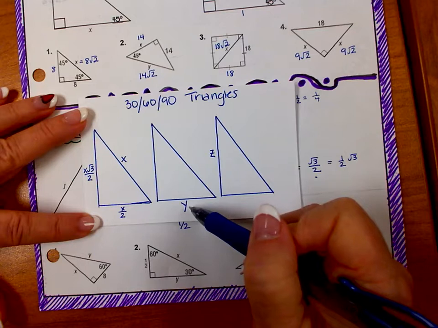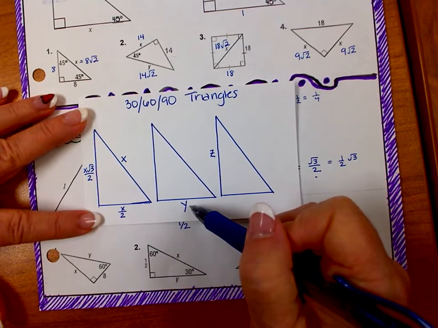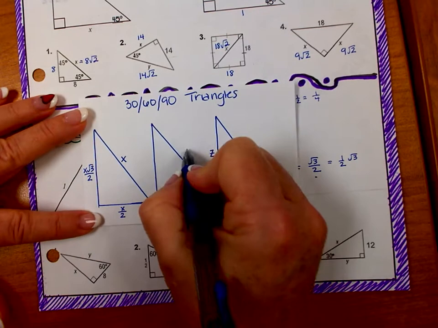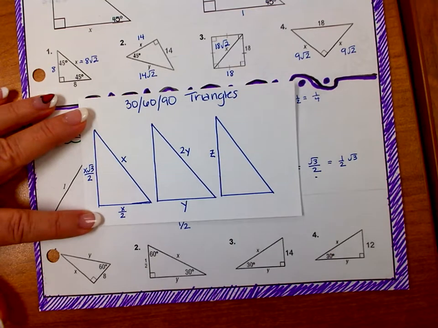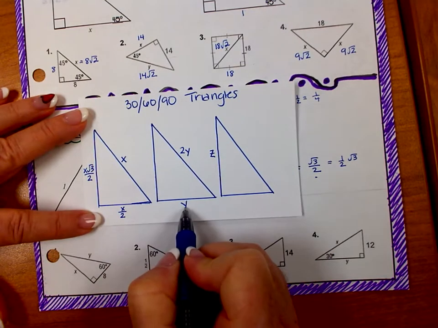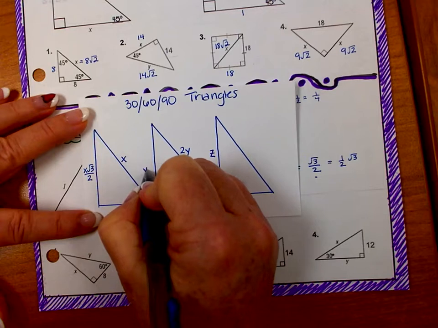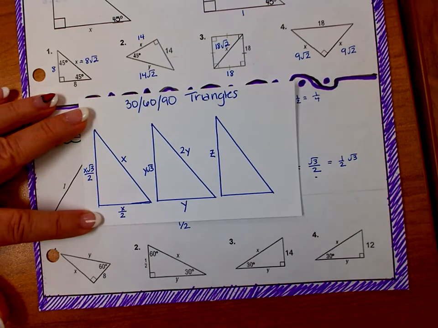Now if we are given the shorter side, then we can double it to get the hypotenuse, which would give us 2y, and then we would multiply the shorter side by radical 3. So we get y radical 3.